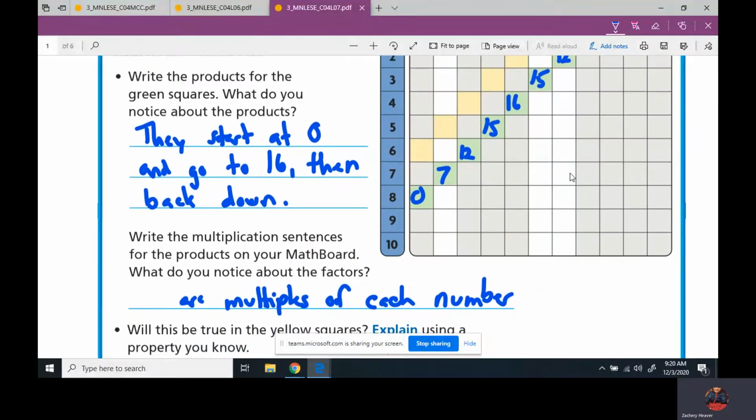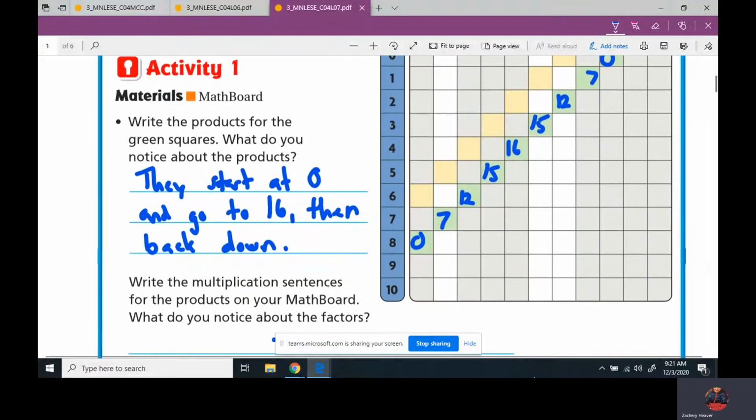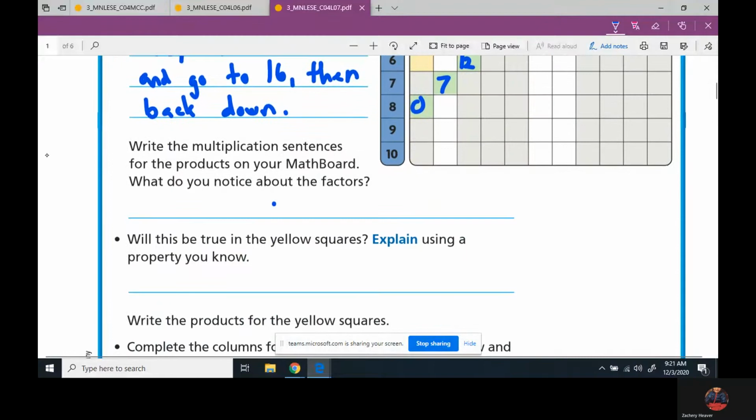Let me erase this. What do we notice about the products? Well, we notice we're using the commutative property. For example, our first problem is 8 times 0, which equals 0. And our last one is 0 times 8, which equals 0.